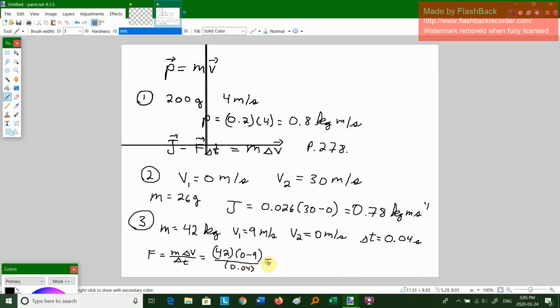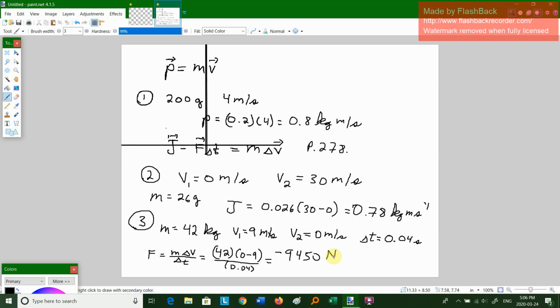If you want to pause this video now and punch it out yourself, go ahead. I'm doing it live. 42 times 9 divided by 0.04 is 9450. What are the units? Newtons. The negative just means that the force is directed in the opposite direction, upward.